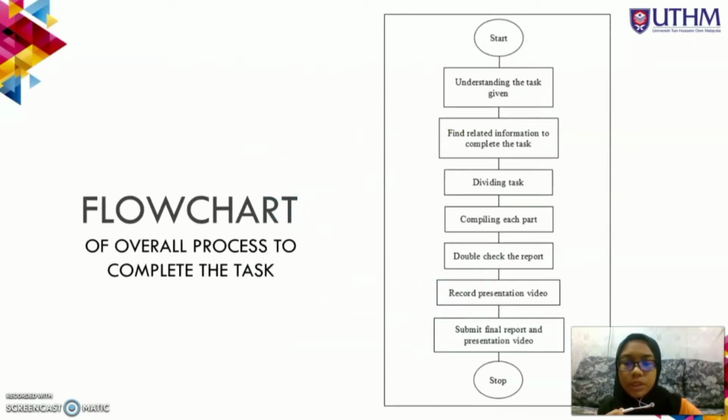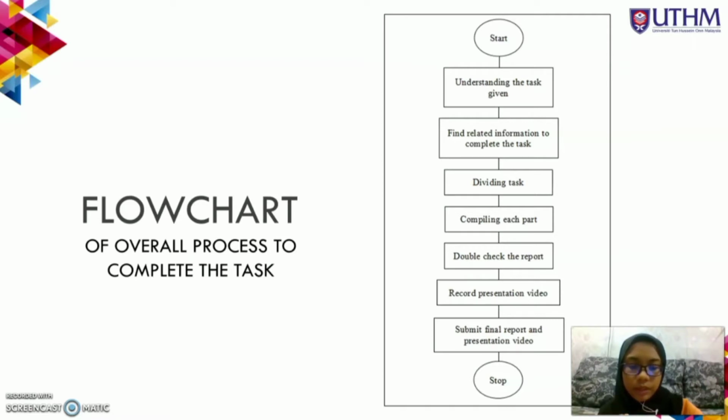So this is the flowchart of the overall process to complete the task. First, our group had a meeting to get an understanding of this project task. Next, we find some information related to the main topic of this task, which is noise.